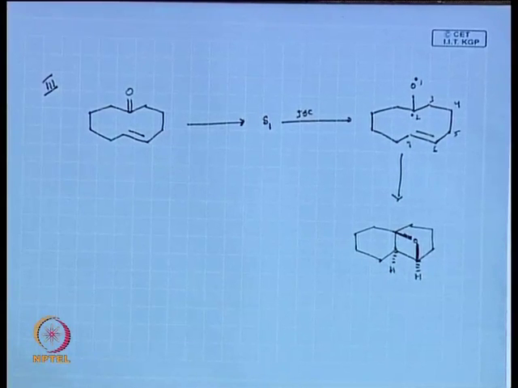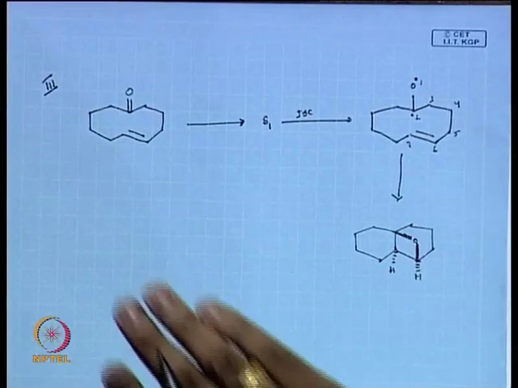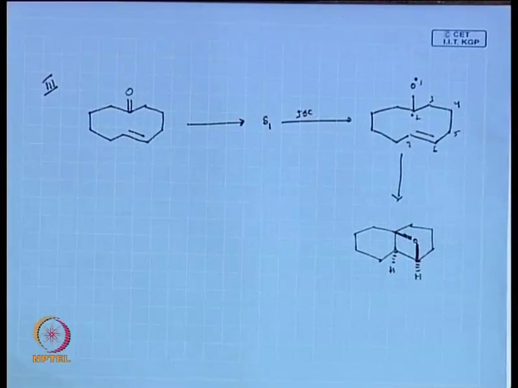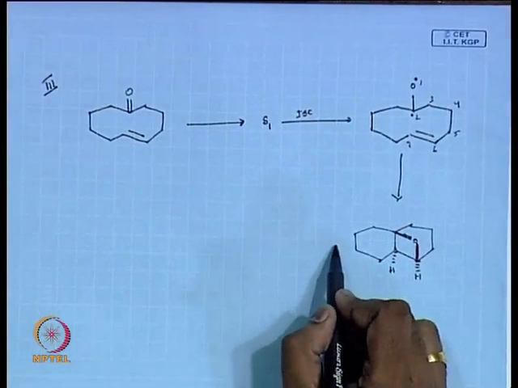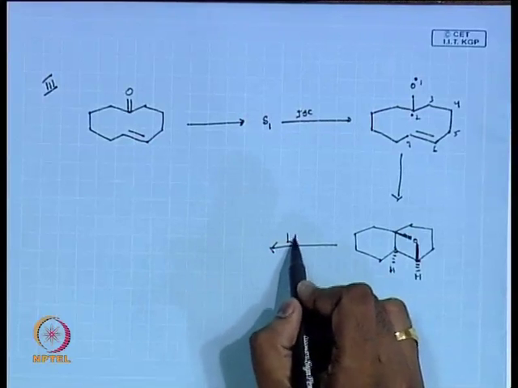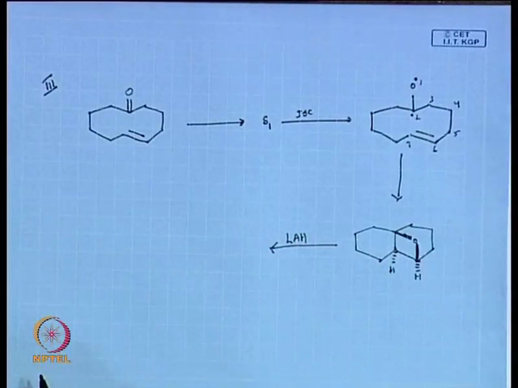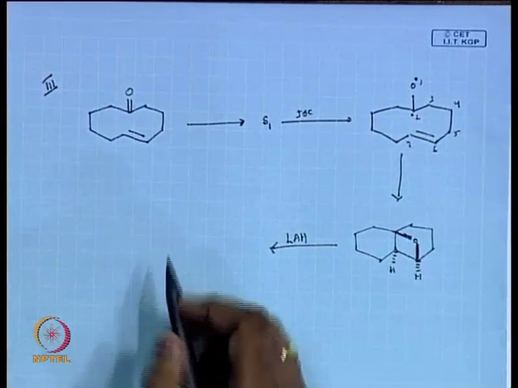It has a very fixed epoxide on the top of this. It cannot go the other way around. And if you put lithium aluminum hydride, LiAlH4, into this, what do you get? You get an alcohol.